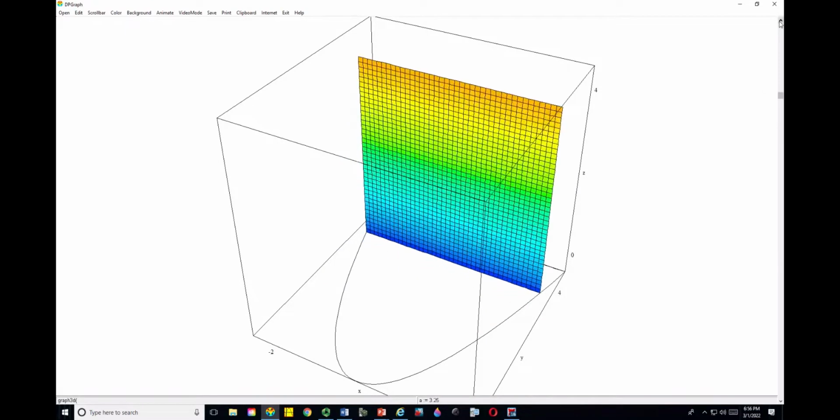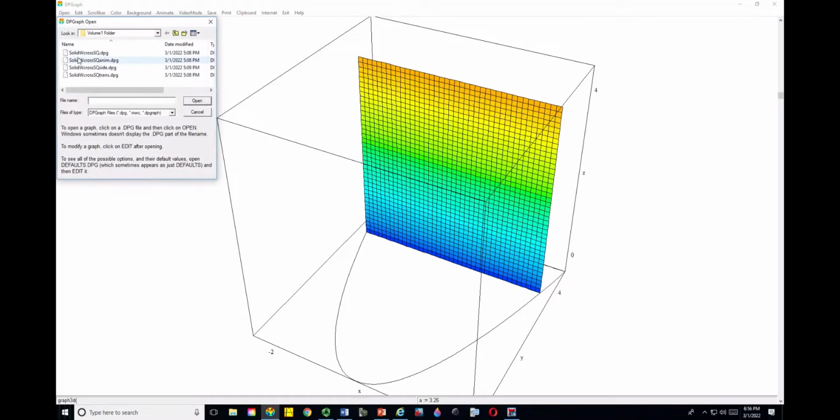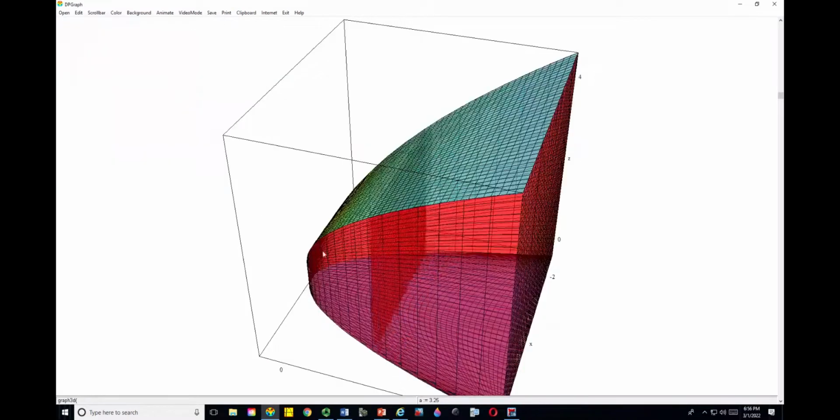And there are the cross sections, and I can show you a different point of view of the solid. Here's the solid all filled in but transparent, and you can see the cross sections being animated back and forth across it here.